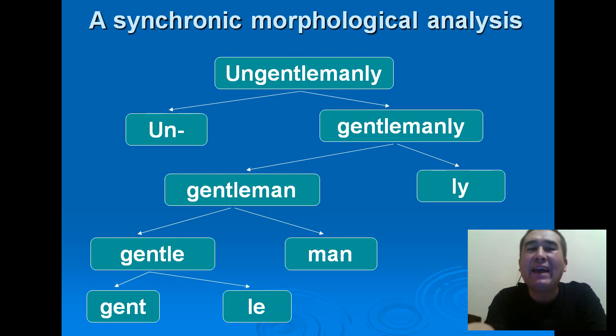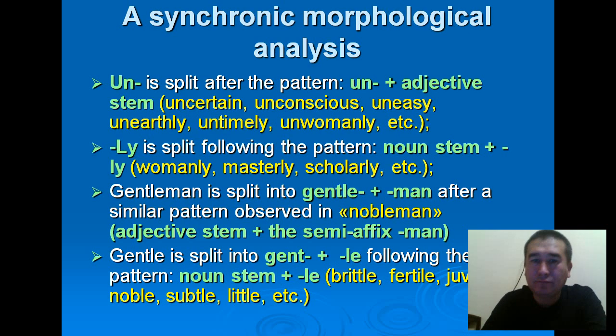You see, we can't divide un and ly further, that's why they were left unchanged. Then we see gentleman, the gentleman. So it's a morphological analysis.